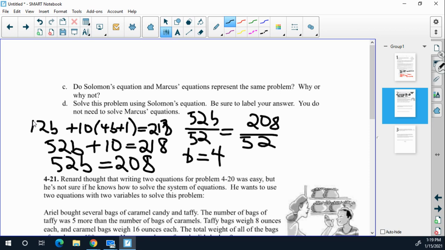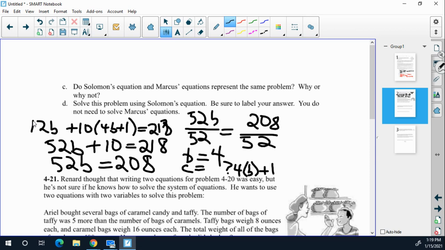Now, how are we going to figure out how many cans? What equation do we use from the other side to tell us how many cans? Very good. 4B plus 1. And you don't have to put the B in parentheses, but you need to get used to it because that's where you plug that back in.